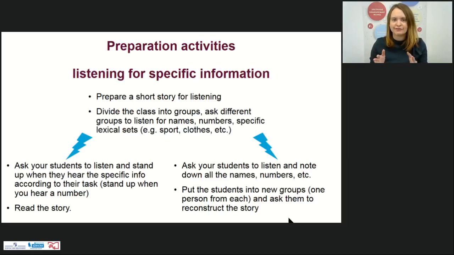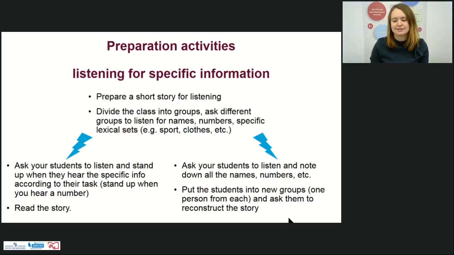It helps you scaffold the task a bit because they don't have to listen and focus on everything there, just some certain things. So it also helps you if you have some kinesthetic learners, because they can remember better with some actions.